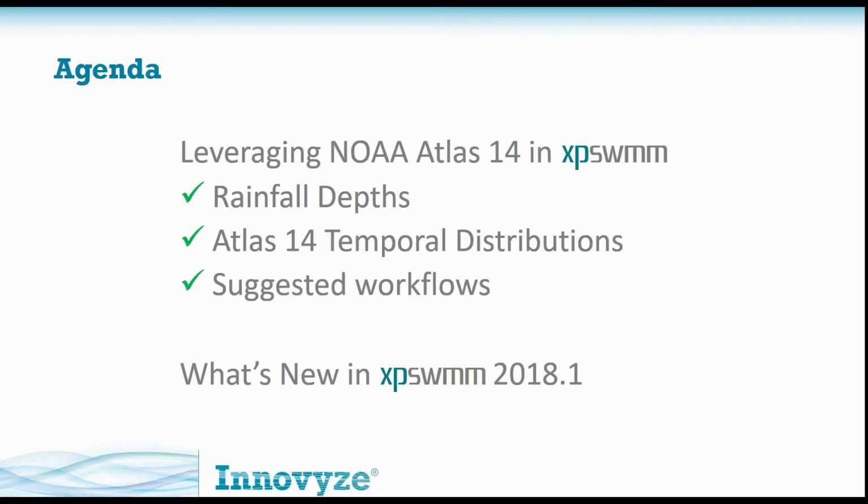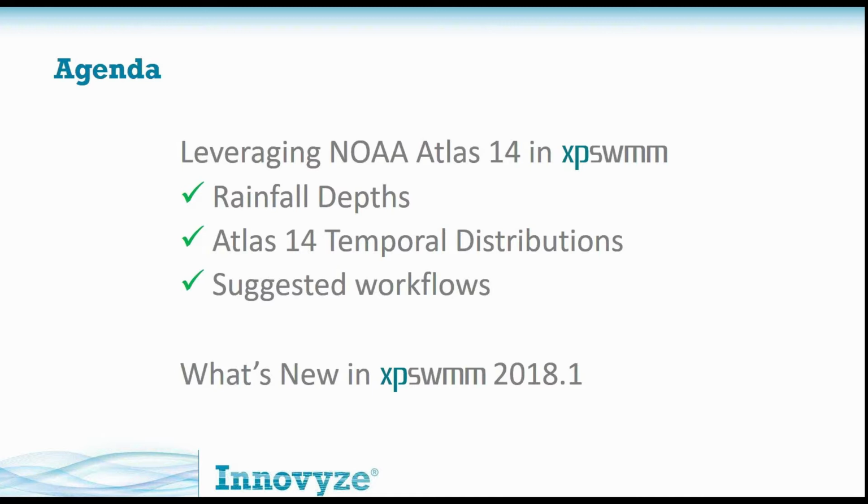Cool. Today we want to kind of talk about two things. Leveraging NOAA Atlas 14 within XPSWM and XPSTORM. And we're also going to talk about XPSWM 2018.1 because I think they fit very well together.